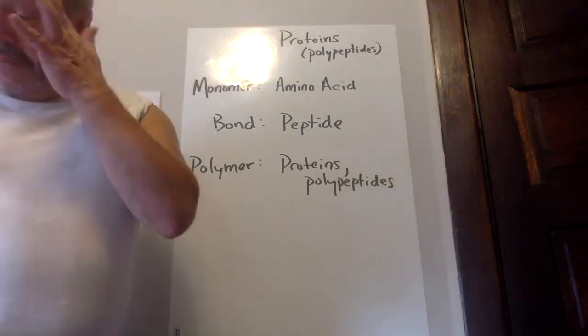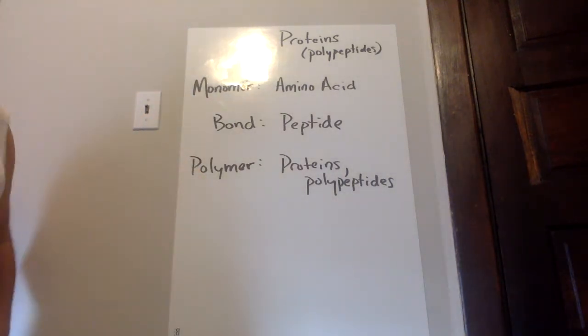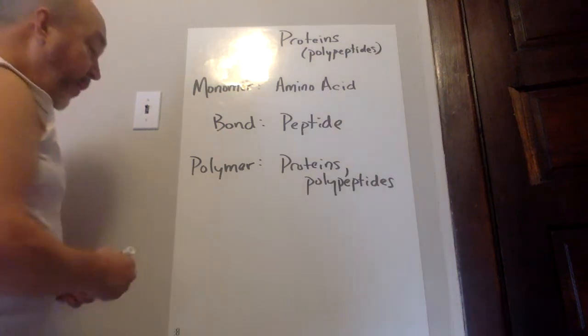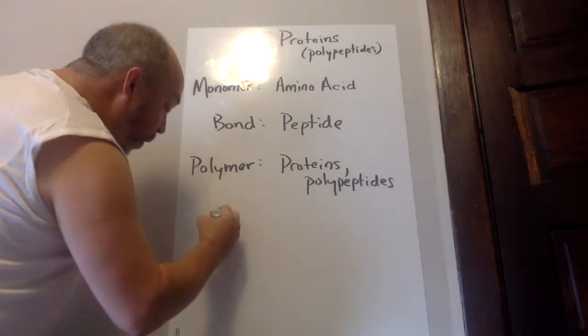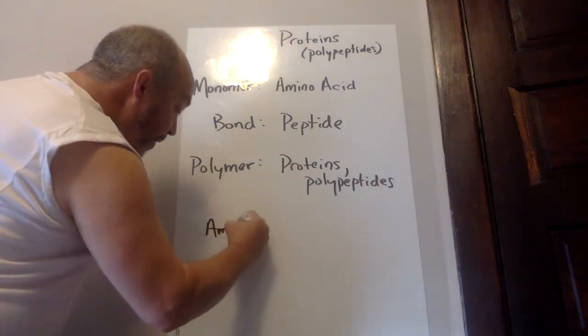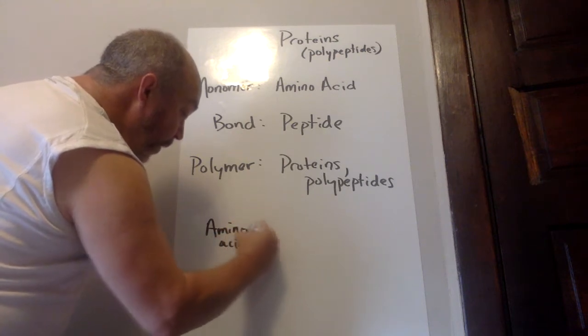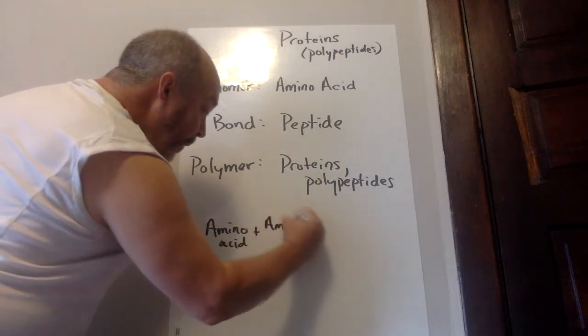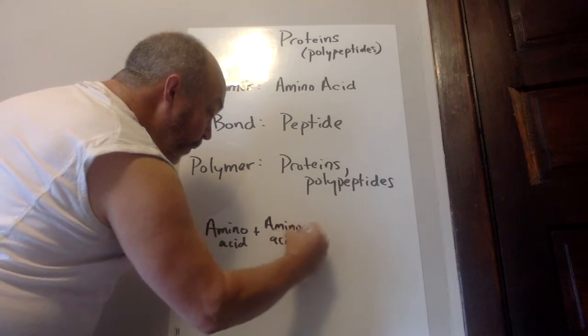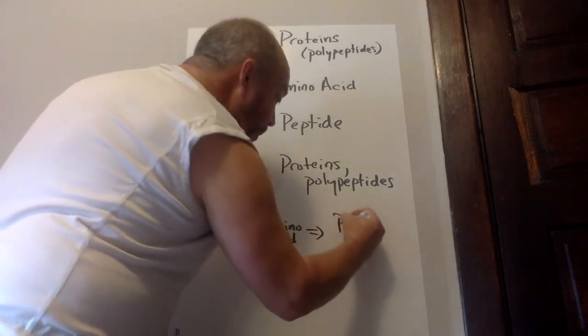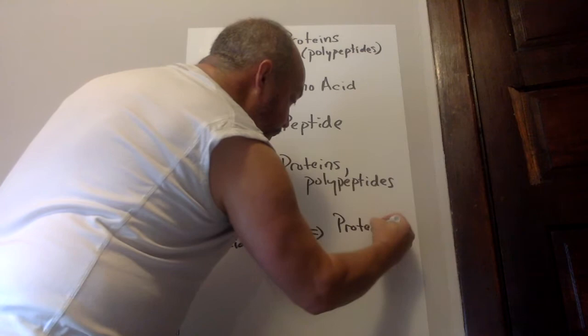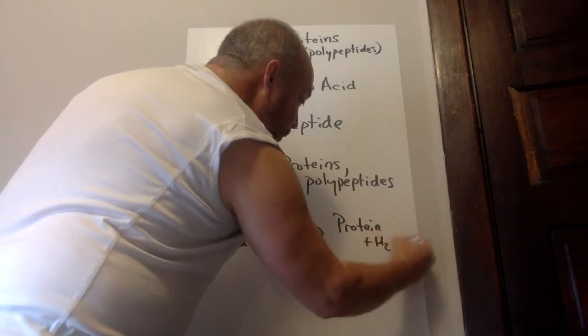You can see that example also in figure 3.18. So remember, if you go one direction, if you have an amino acid plus an amino acid, this would become a protein plus that molecule of water.